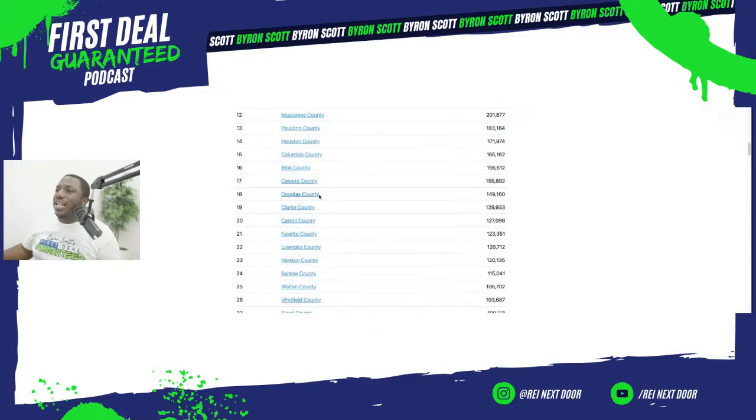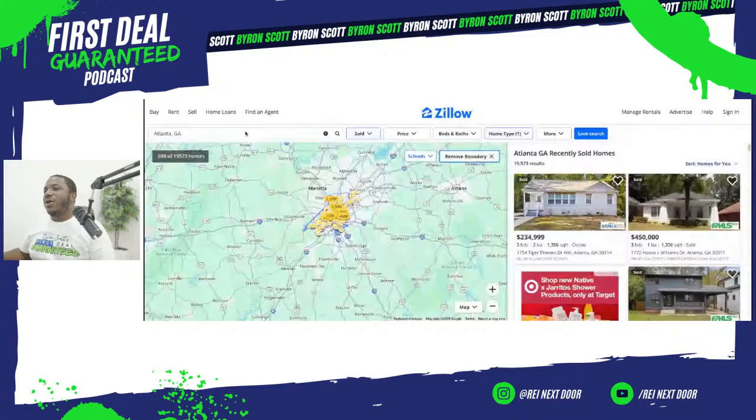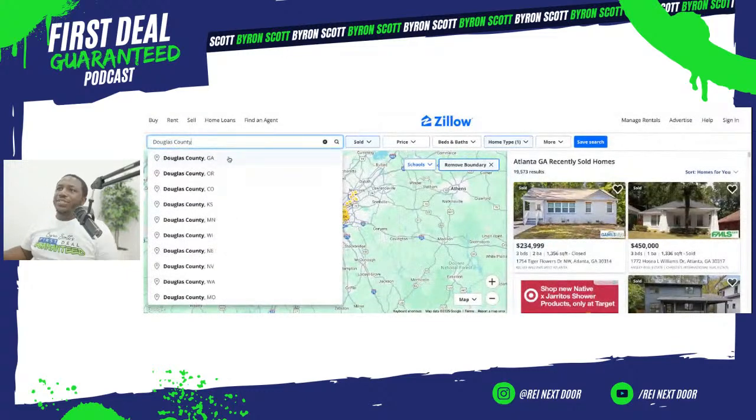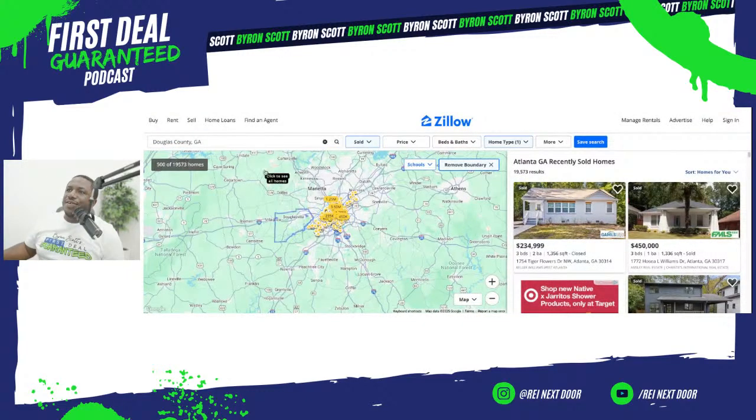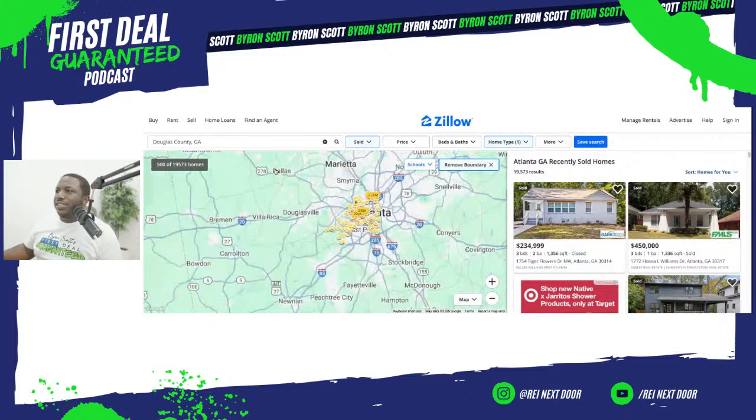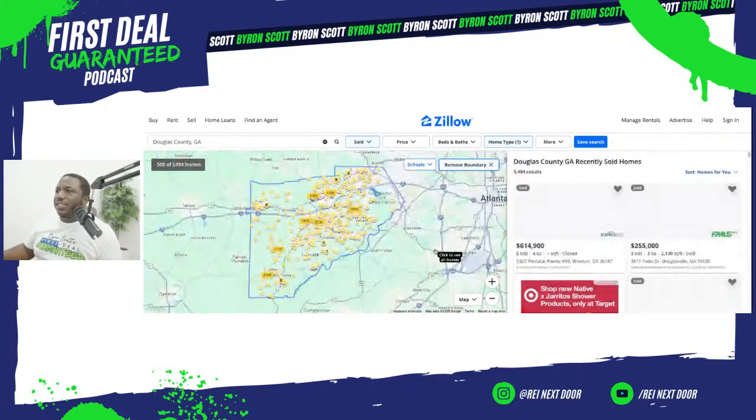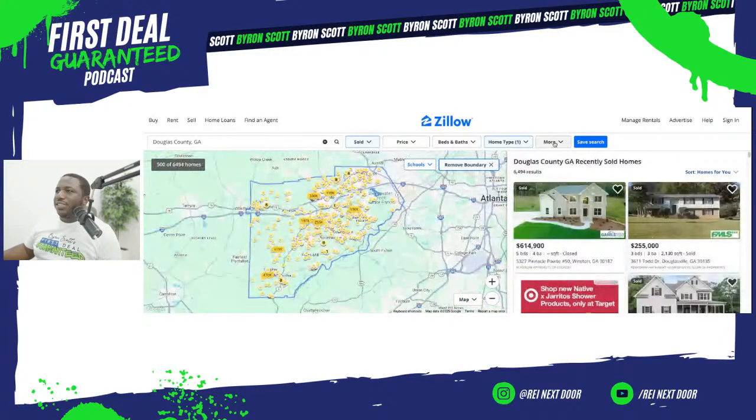Another thing that I look at, and this is a telltale sign as well, but sometimes the market will dictate this, is I'm going to look up that particular county, right? Let's just go Douglas County, right? We're going to look at what is for sale.